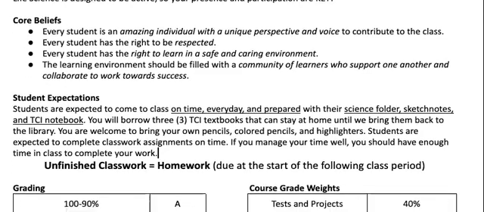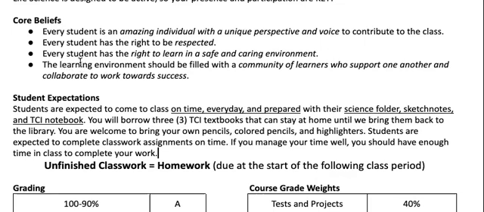My core beliefs are the following. I believe that every student is an amazing individual with a unique perspective and voice to contribute to the class. I believe that every student has the right to be respected, and the right to learn in a safe and caring environment.